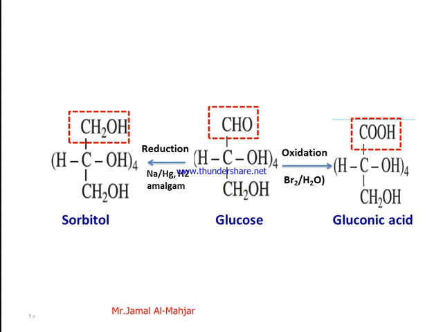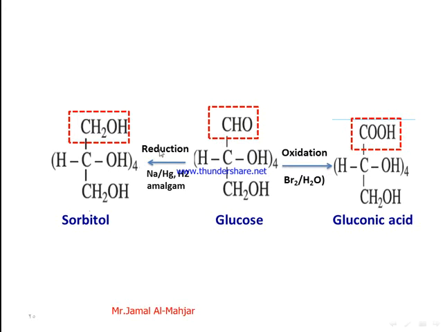The functional group for glucose is the aldehyde group, here in the box. You just have to change the functional group. In the oxidation, this CHO changes to COOH. So this is gluconic acid. Oxidation of glucose gives gluconic acid. Reduction of glucose gives sorbitol.